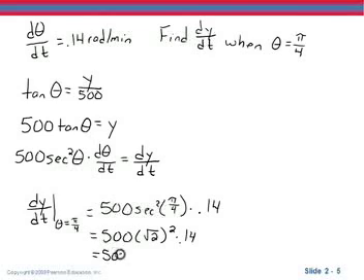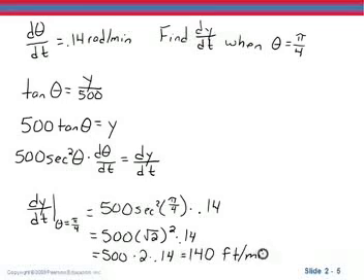Well, that will be 500 times 2 times 0.14, which will give us 140. And here our problem was in feet. And notice that the angle was changing by the minute, so this is feet per minute. So the change in our elevation with respect to time when the angle is pi over 4 would be 140 feet per minute.